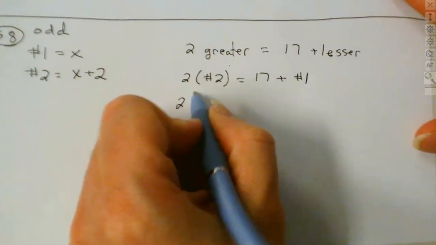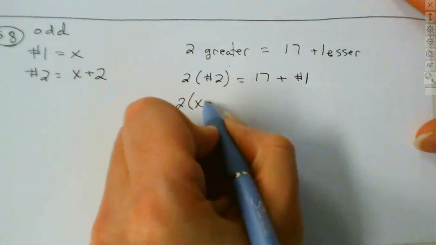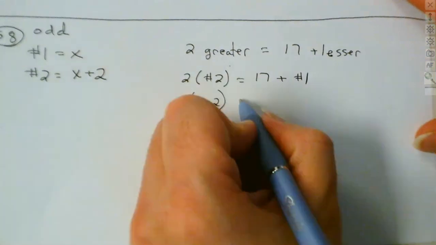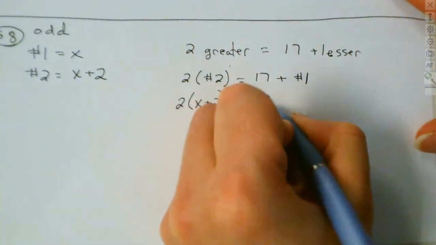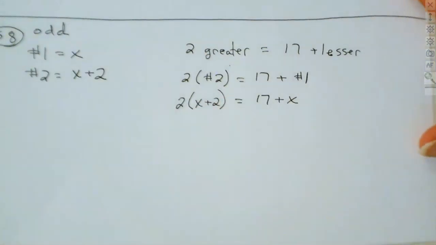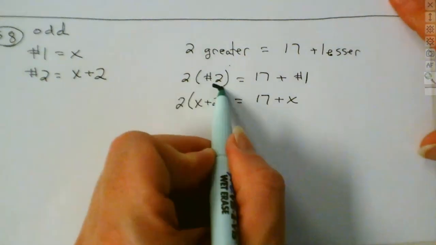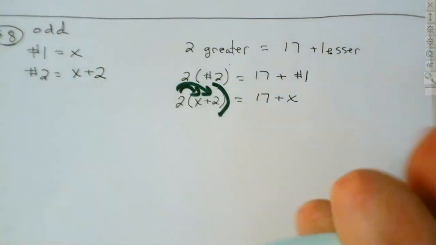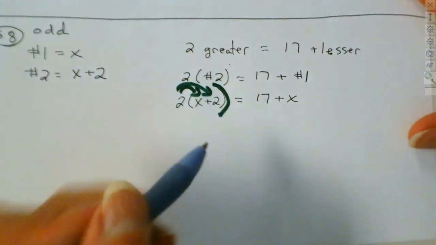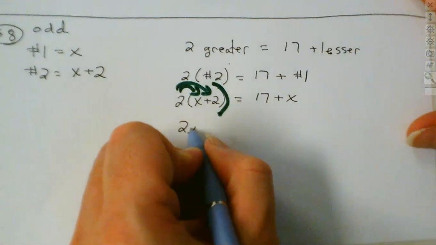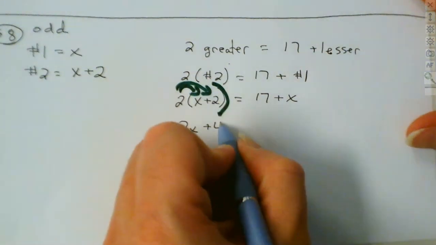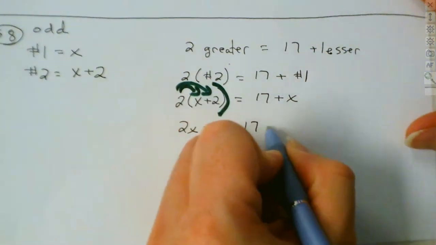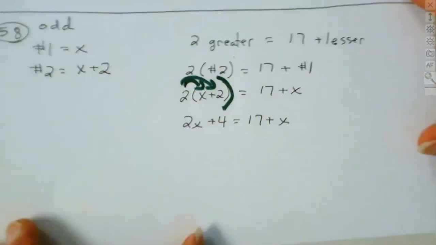So that is now 2 times x plus 2 equals 17 plus the x there. We should be fairly confident now to solve equations. And so we distribute that 2 through. And that is now 2x plus 4 equals 17 plus x now.